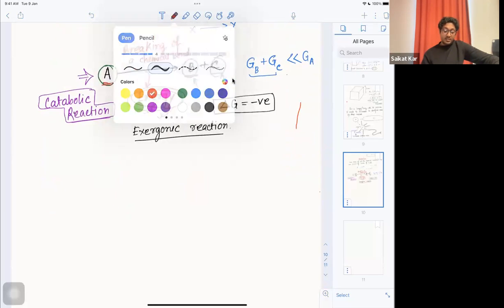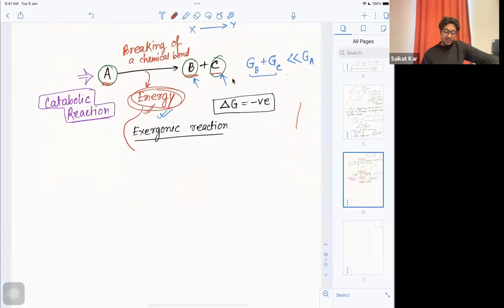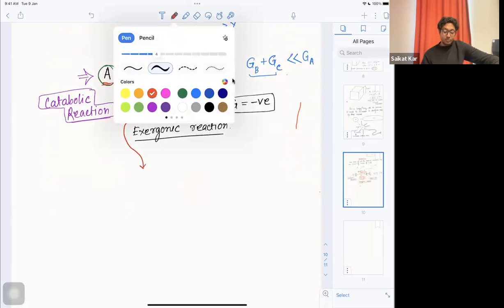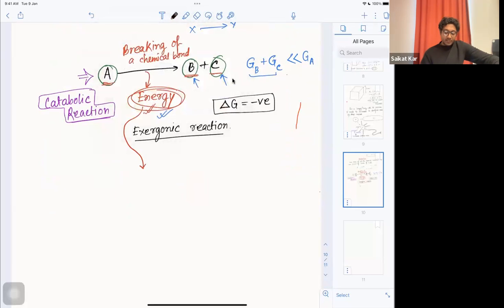And similarly, as we have seen last time, this energy is used to create a bond, say P plus Q. These are two different compounds, but they join together to form a compound R. But it is not possible normally.